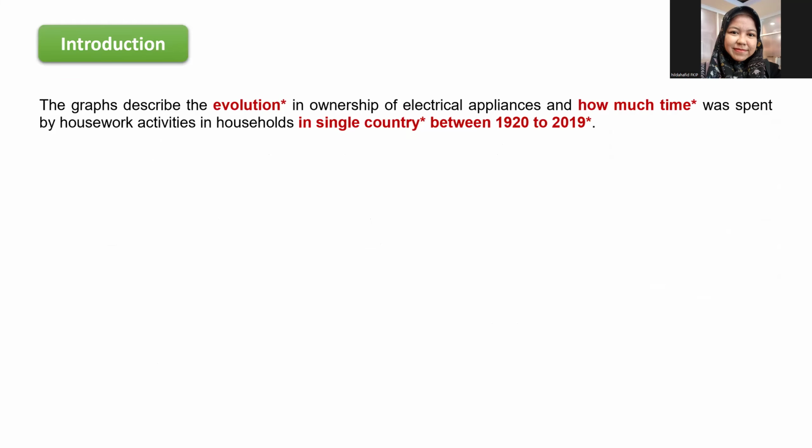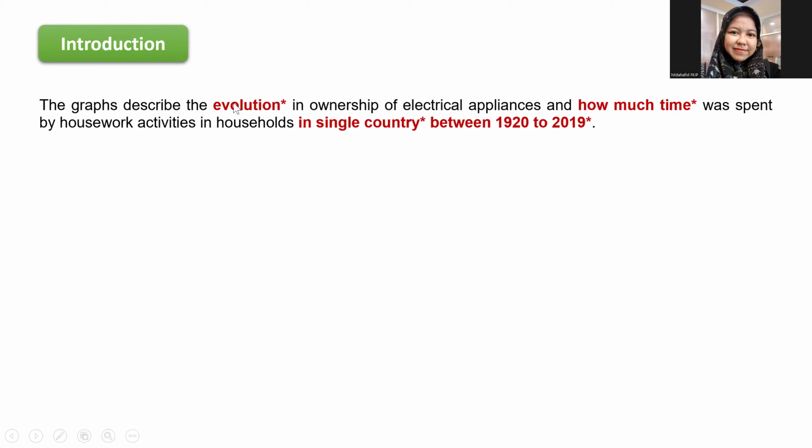So here you have the introduction. The graphs describe the evolution in ownership of electrical appliances and how much time was spent by housework activities in households in single country between 1920 to 2019.